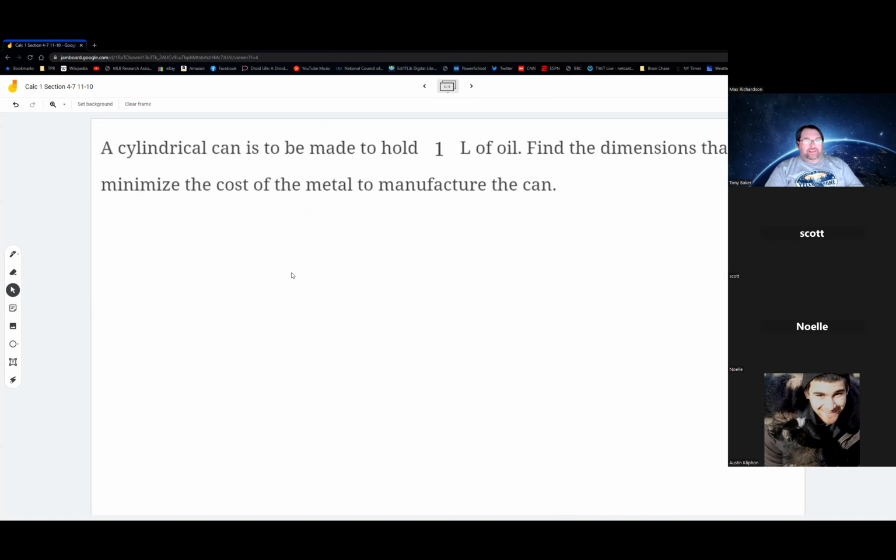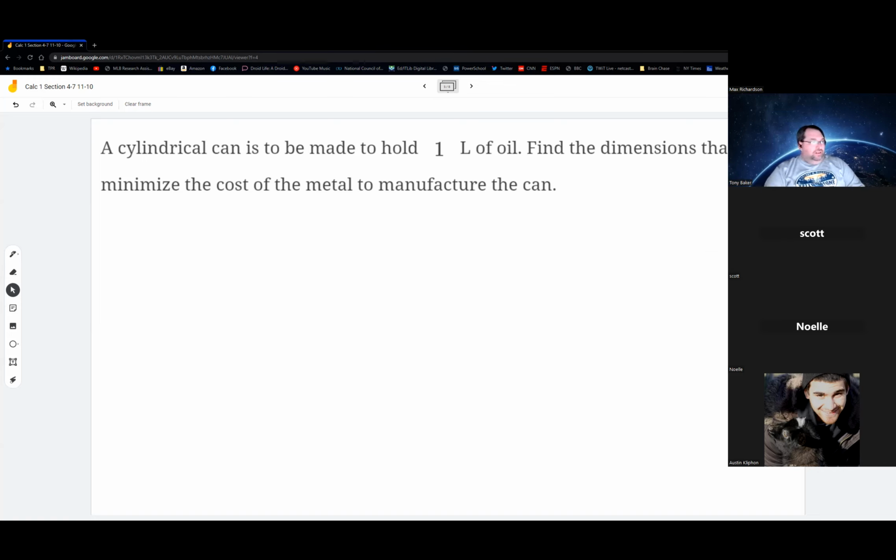So you actually see this at the movie theaters when they're looking at popcorn, except they're doing the opposite direction. They want the actual shape to look as big as possible and hold as little popcorn as possible. But they still want the materials to be cheap, so they don't have to pay a lot of money for the materials. So you can start to look at how they actually use this type of stuff to figure out how to minimize costs and maximize materials.